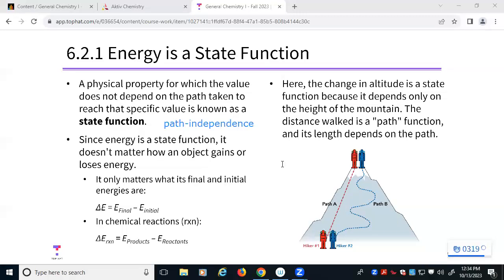A state function is path independent. So we're only concerned with what we were starting at and where we are ending. We're not concerned about how we got there.